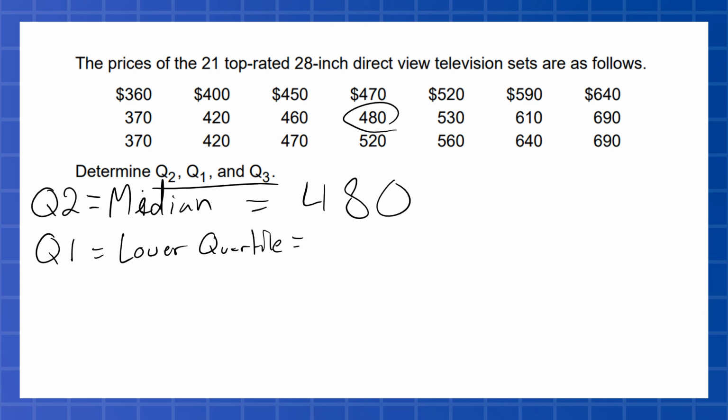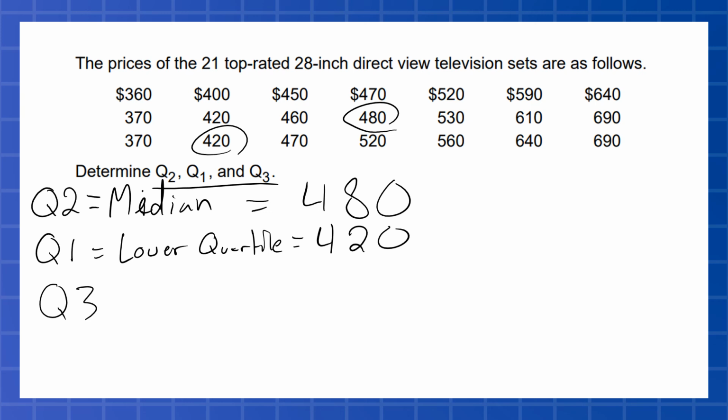And so that's like the median of the lower half. So this one's kind of tough, but if we go 1, 2, 3, our middle is going to be 420 on the lower half. Okay, it's halfway. It's the middlest number on the lower half. Okay, right about there.